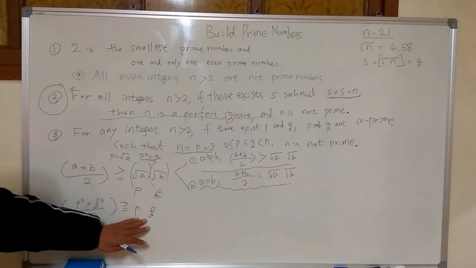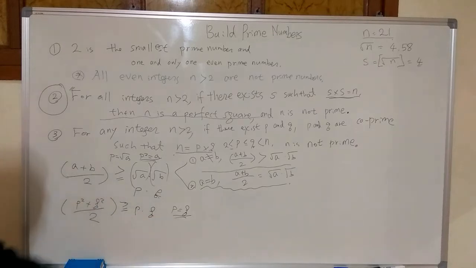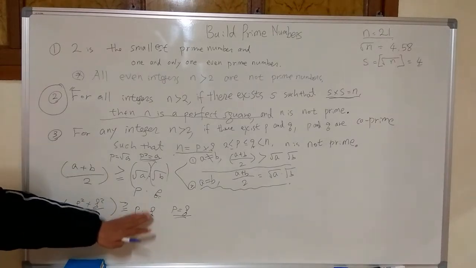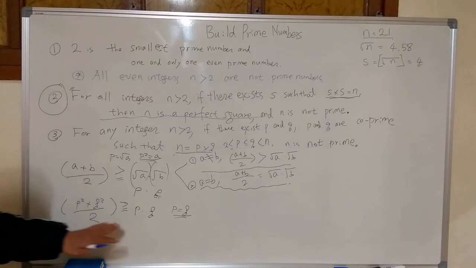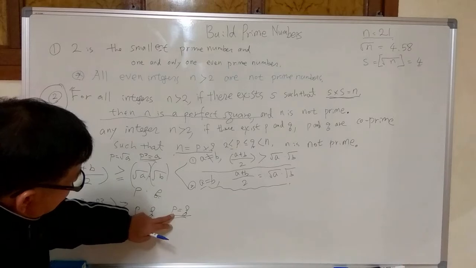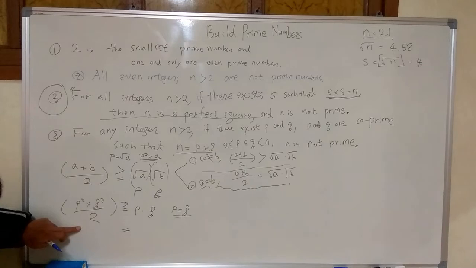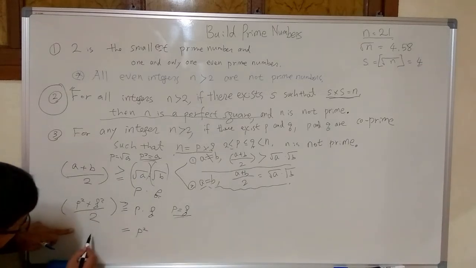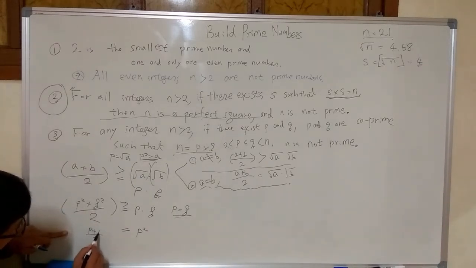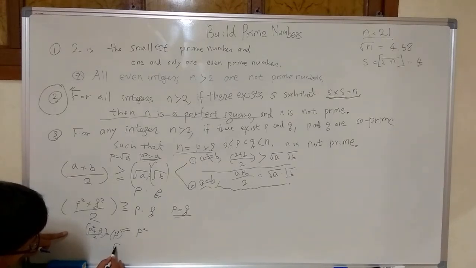If P and Q are equal, they are the same, then P times Q gets its maximum, and the maximum holds in this case, P equals Q. So it gives 2P square over 2, which becomes P square, the same.